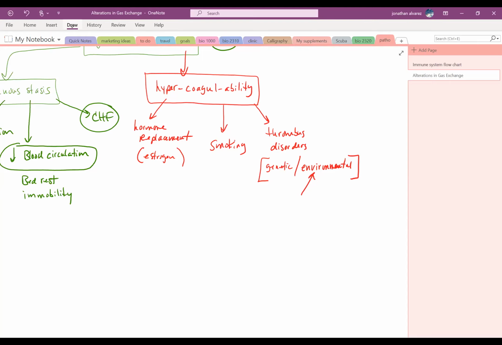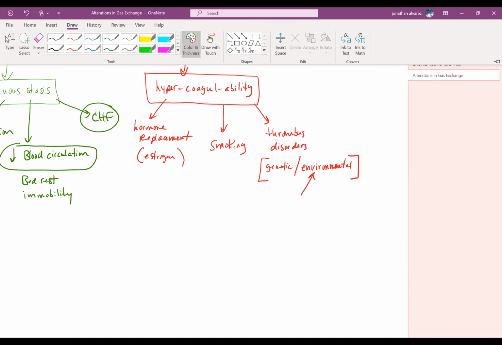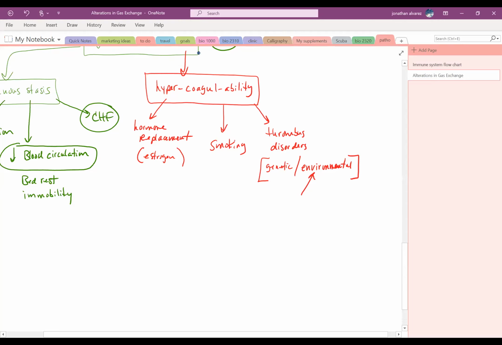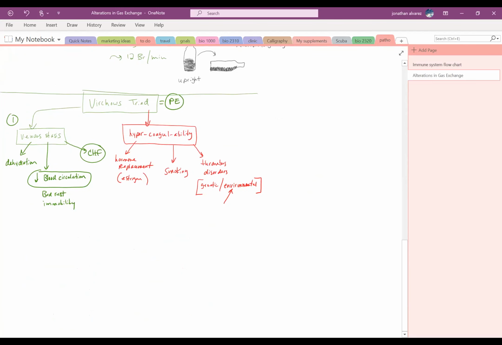Another one would be blood vessel injury. So that would be tunica intima injury, right?